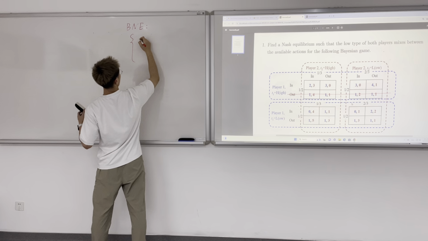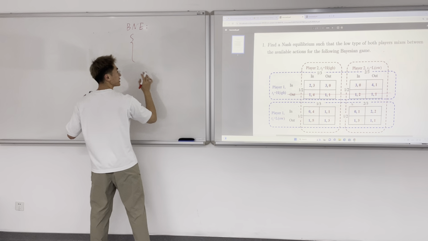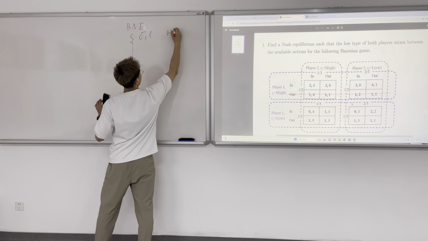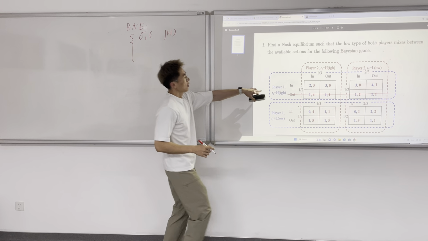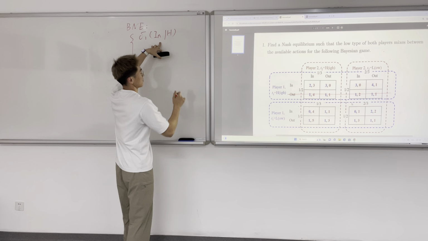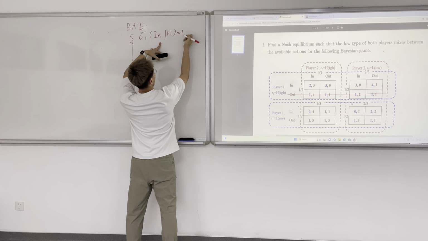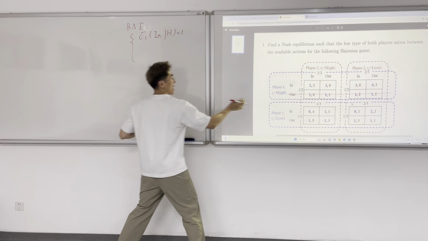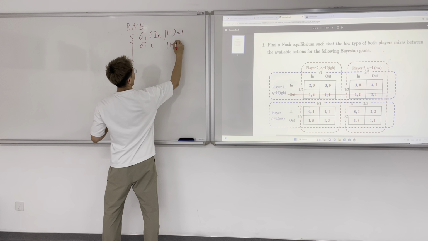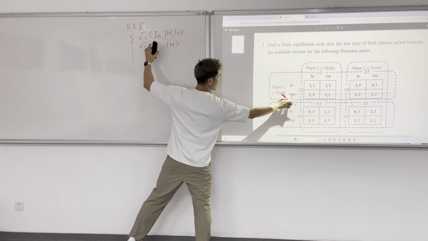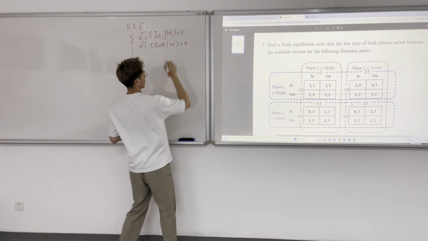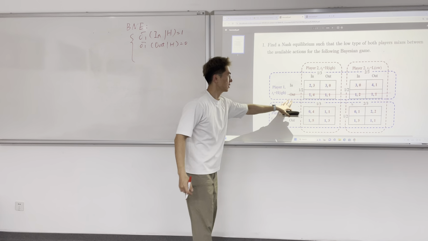The first thing we have found is that for player 1 of high type, the probability of playing in is 1. And for player 1 of high type, the probability of playing out is 0, because it is dominated.